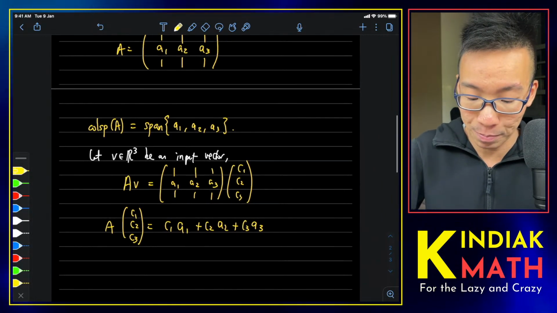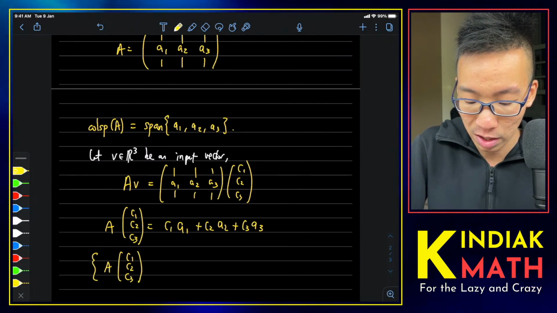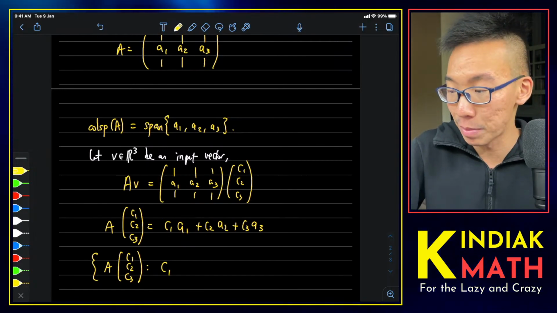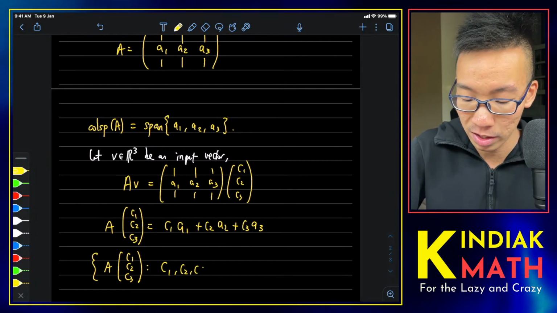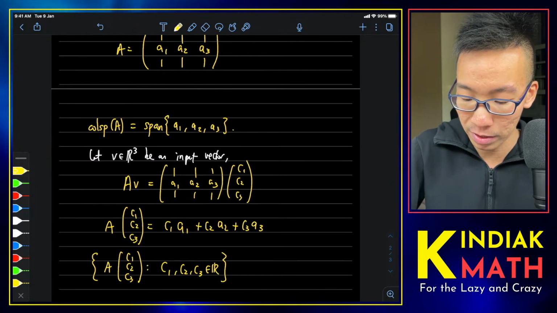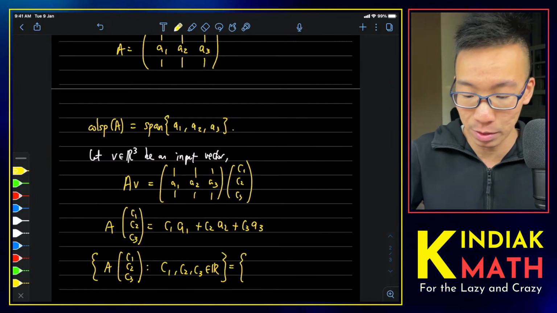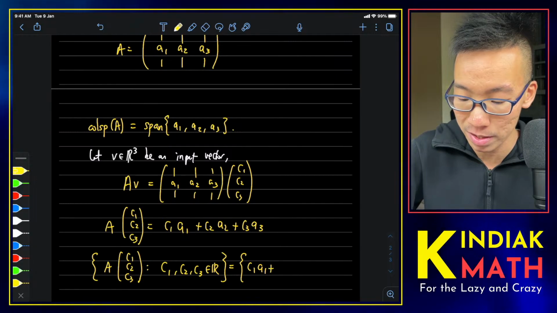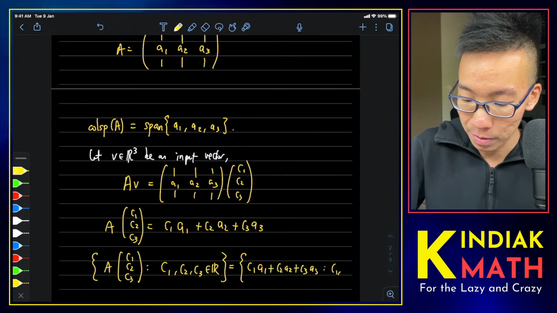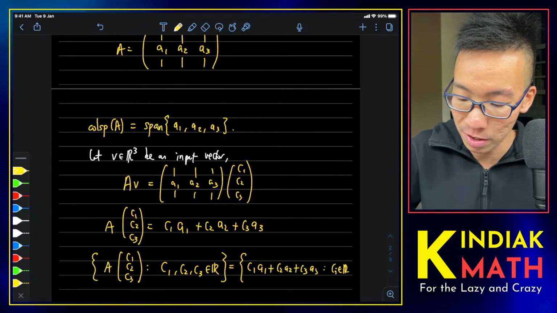So what are we doing here? If we were to collect all the possible outputs given any recipe you plug in, what do we obtain? Well, by definition, A of (C1, C2, C3) is basically C1A1 plus C2A2 plus C3A3, where the Ci are real numbers.